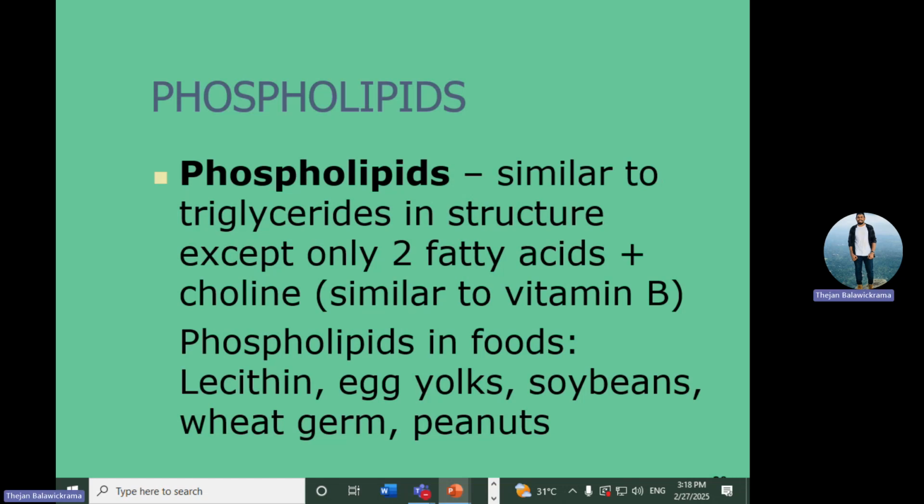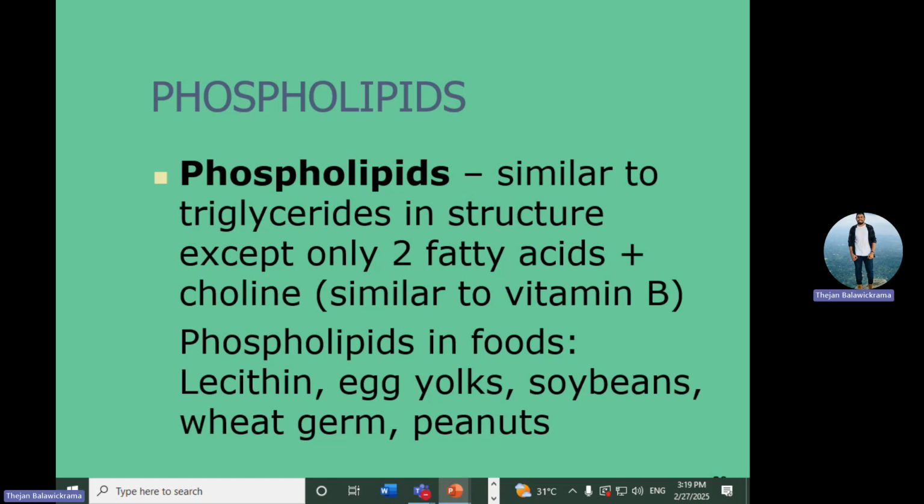A choline means it's something similar to vitamin D. Don't worry about that because our next lesson is vitamins, right? Phospholipids we can find in lecithin, egg yolk, sea beans, soybeans, and peanuts.